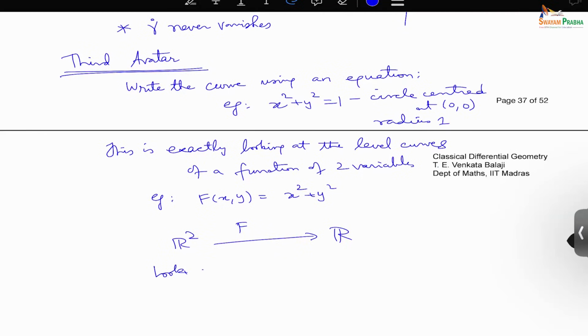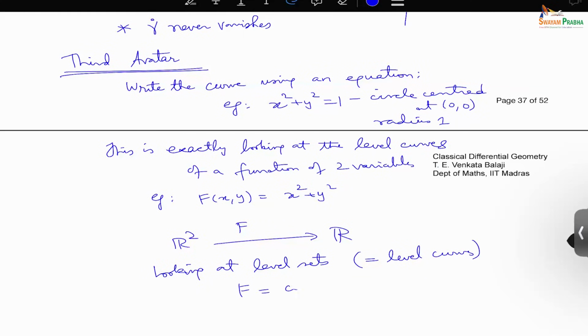So what you understand is that you are able to get curvature for a curve whenever there is a regular point. All right. So let me just write this: looking at level sets. Here this is level curves.